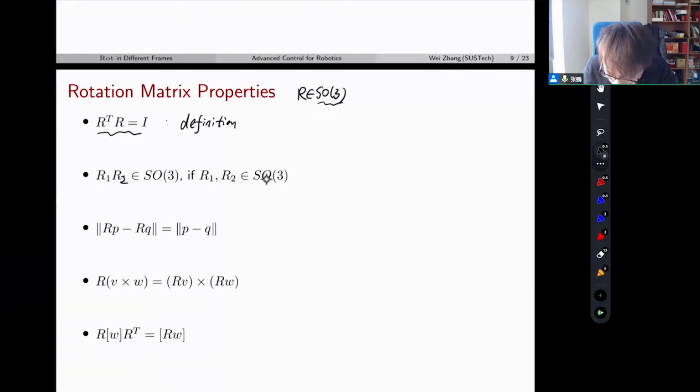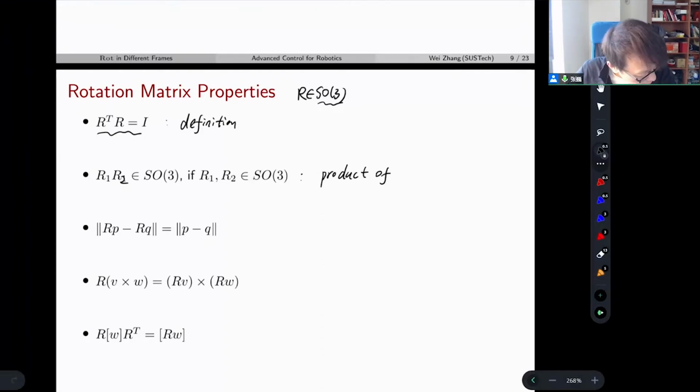So if R1 is a rotation matrix and R2 is a rotation matrix, then R1 times R2 is also a rotation matrix. So this means the product of two rotation matrices is also a rotation matrix.